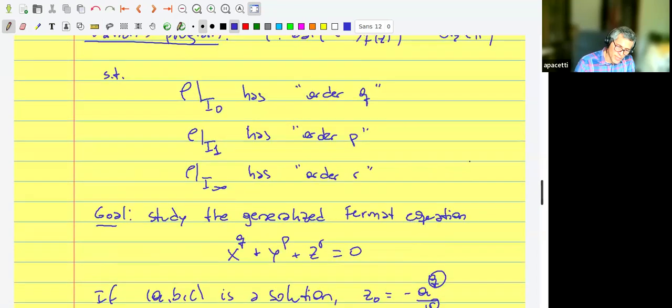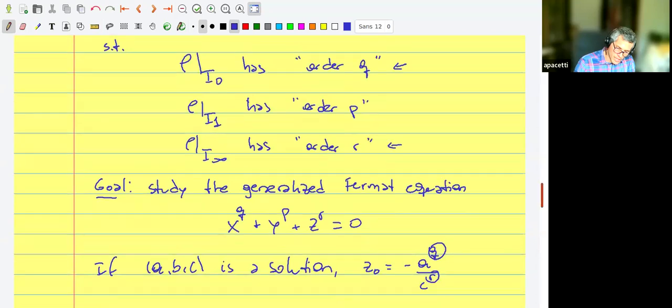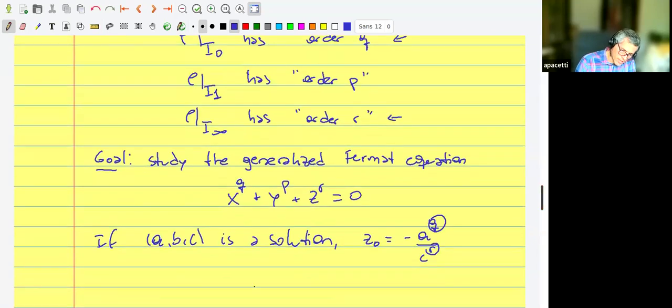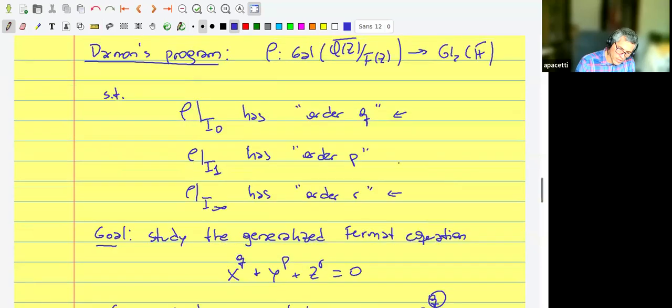That's why you want some flexibility on the orders that you put at 0 and at infinity. And if you take the difference, 1 minus that, what you get is minus a to the q minus c to the r divided by c to the r, which is minus b to the p divided by c to the r. So at 1, somehow you'd like to get something of order p. Okay?